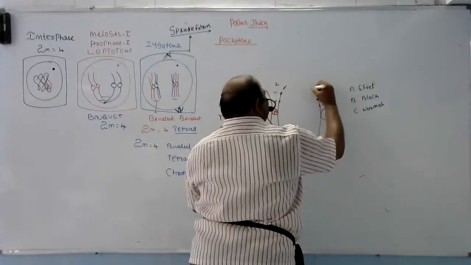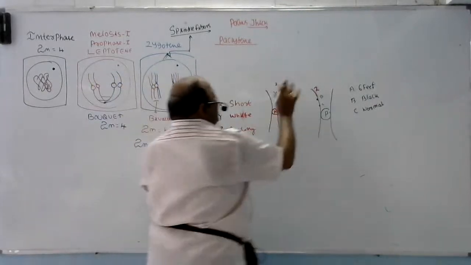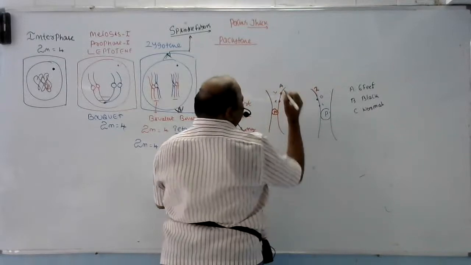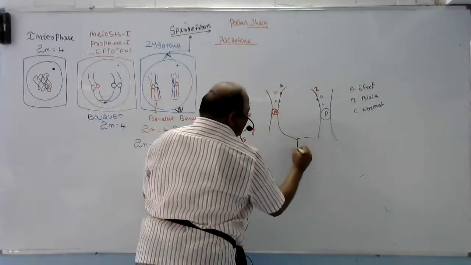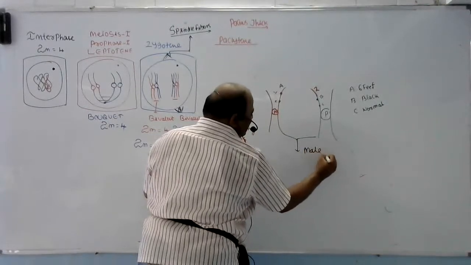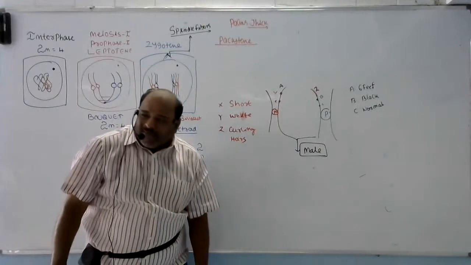The father chromosome. A is attached to whom? The mother chromosome. A new baby is formed. For example, now the new baby is male.